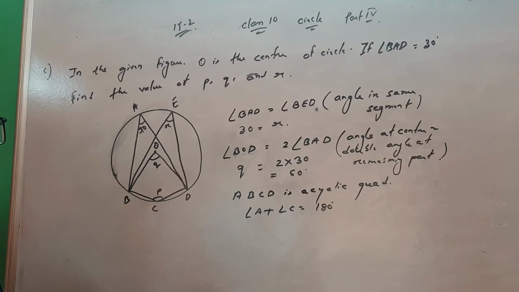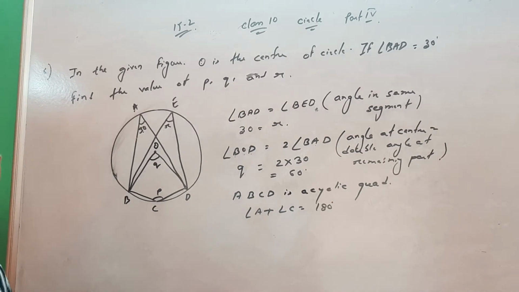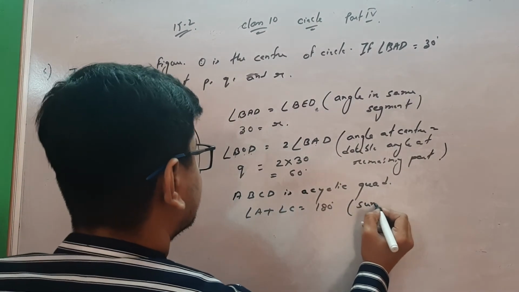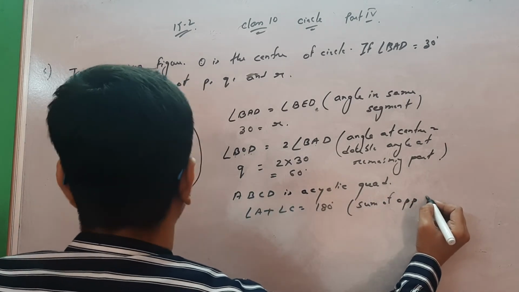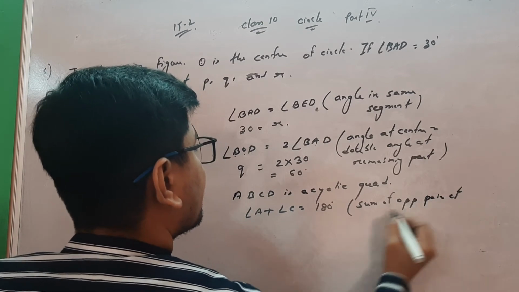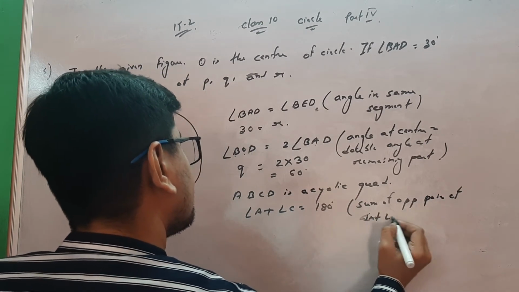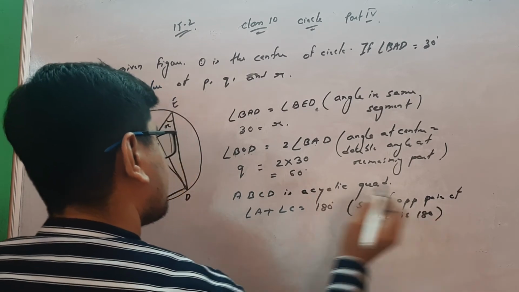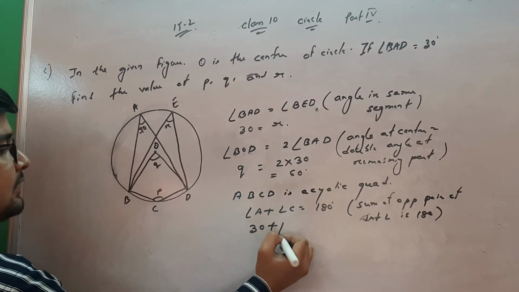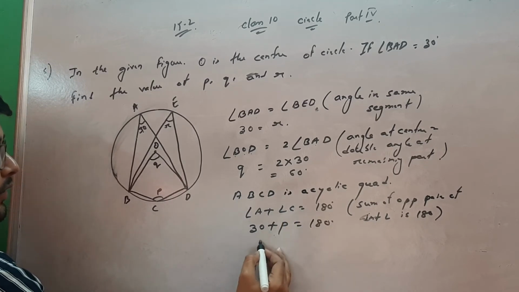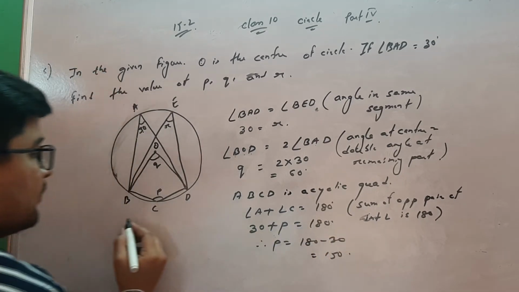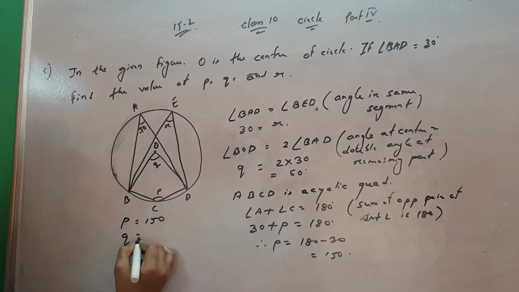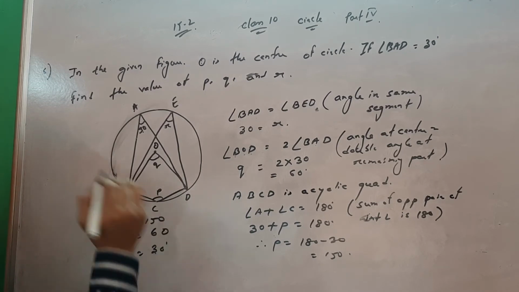We know that the sum of opposite angles of a cyclic quadrilateral is 180 degrees. So angle A is 30, C is P, so 30 plus P equals 180 degrees. Therefore angle P equals 180 minus 30 equals 150. So the value of P is 150, value of Q equals 60 and R is 30 degrees.